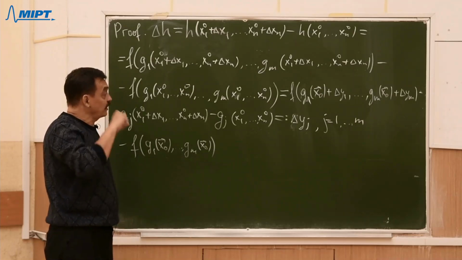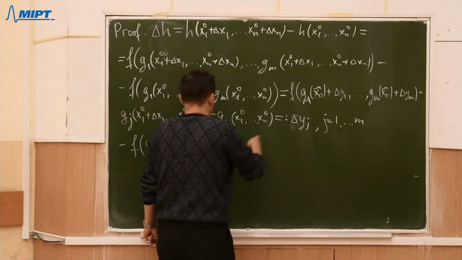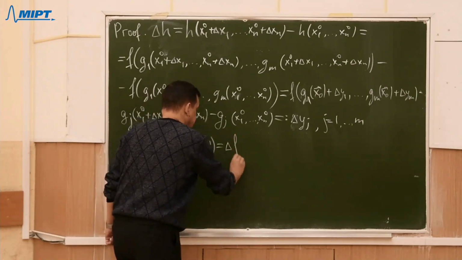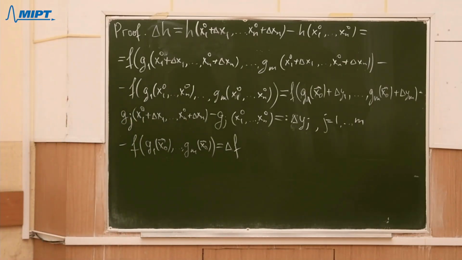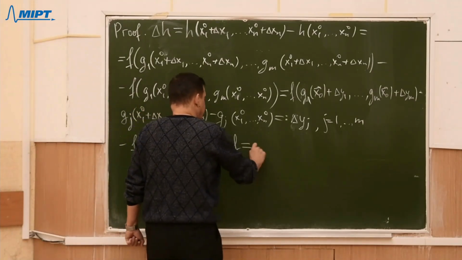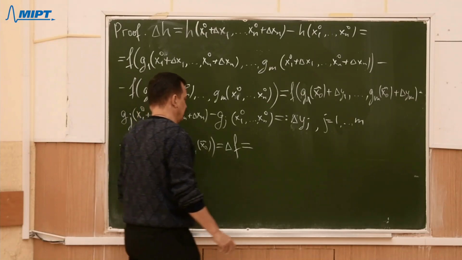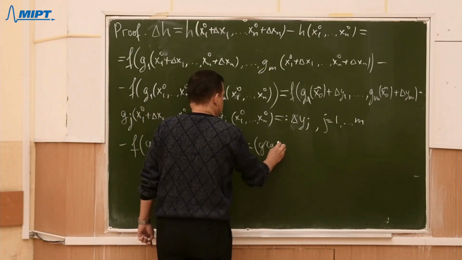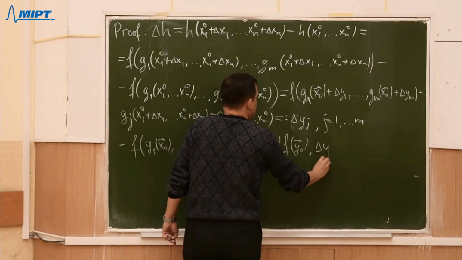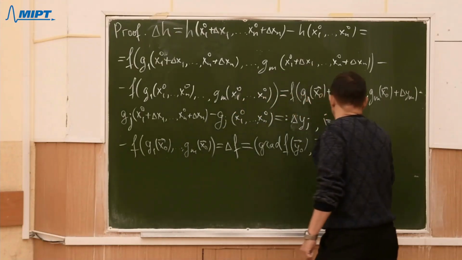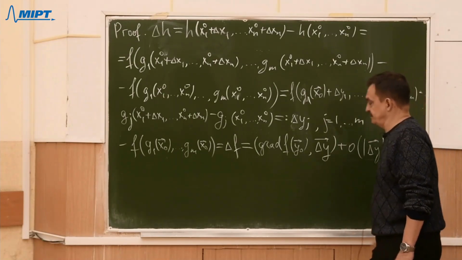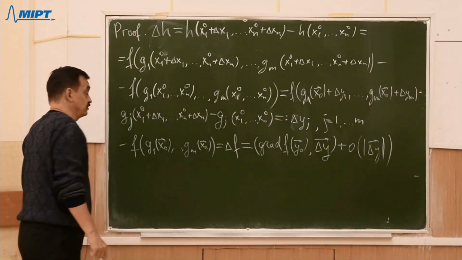So we have precisely the increment of the function f at the point y naught. And f is differentiable, hence we can write it down as the scalar product of the gradient of f at y naught times the vector delta y plus little o of the length of delta y, as delta y tends to 0.